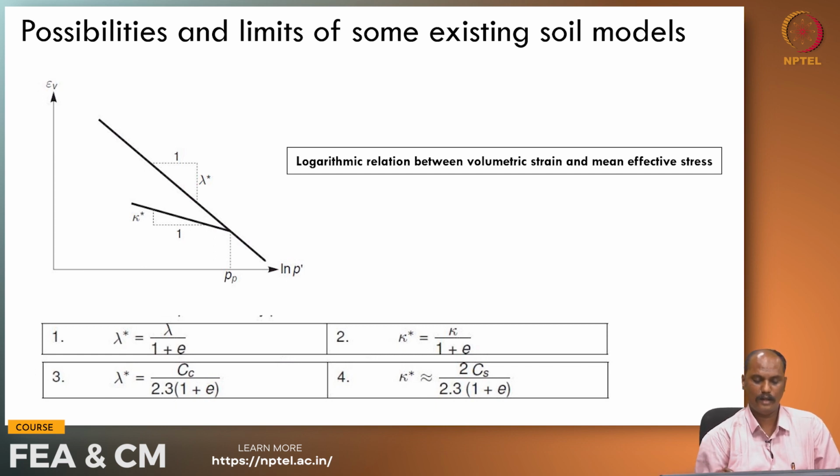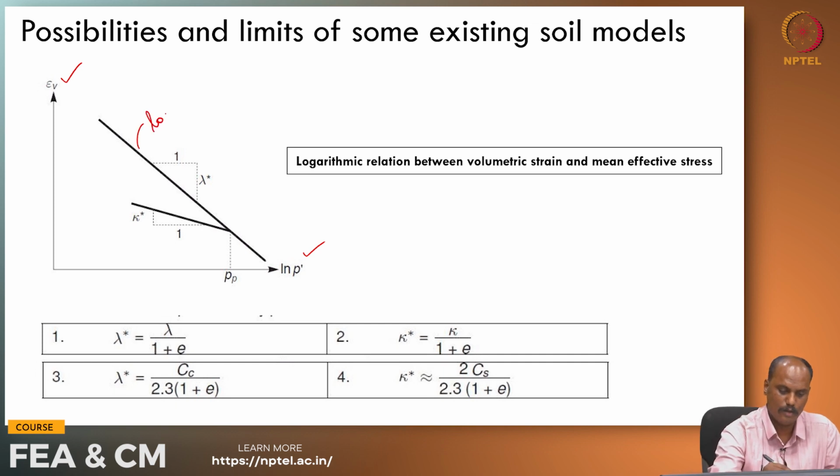So here I have just displayed the volumetric strain epsilon v versus ln p dash. We can see that this is the loading path, and then this is the unloading and reloading path.